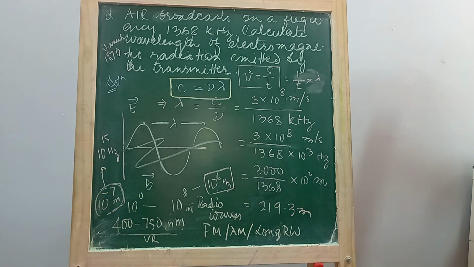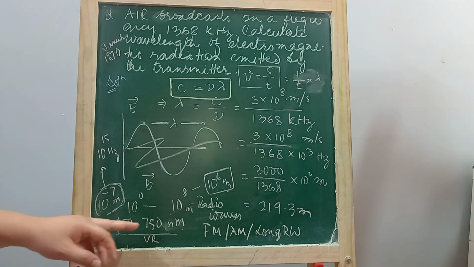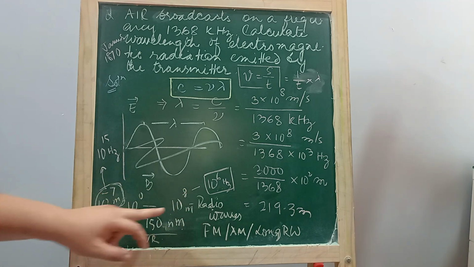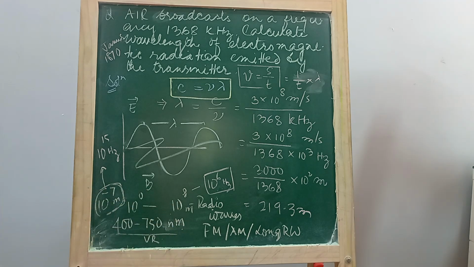It's around 200 meter. It's a very long wave. In fact, radio waves have a wavelength from 10 to the power 0 to 10 to the power 8, which is like 1 meter to 10 to the power 8 meters.